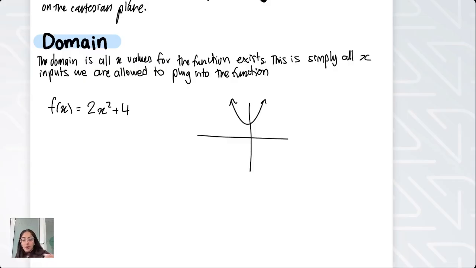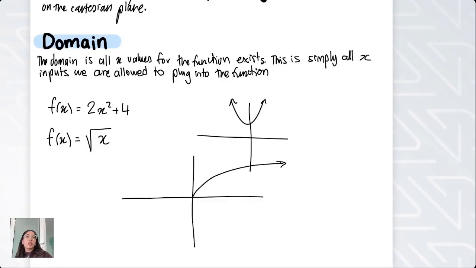Everyone agrees? But what if I do something like f of x equals the square root of x? That kind of looks like this. What's the problem there? There are some x values you just can't plug into this. What might one of them be? Any negative numbers, right? You cannot plug negative numbers into this. It's going to break the math.